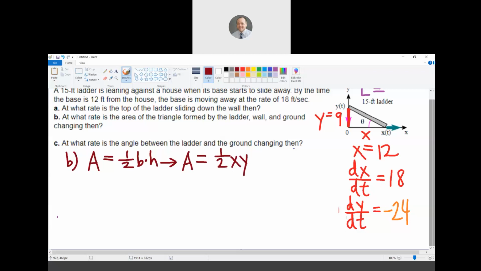And what we're looking for, it says the rate that the area is changing. So that means we're looking for the derivative of the area, or dA, the rate that it's changing with respect to time.